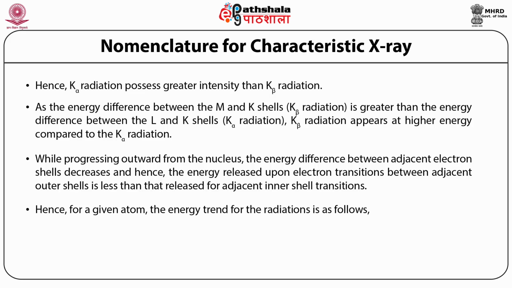Hence, for a given atom, the energy trend for the radiations is as follows: M alpha radiation is less than L alpha radiation, which is less than K alpha radiation.